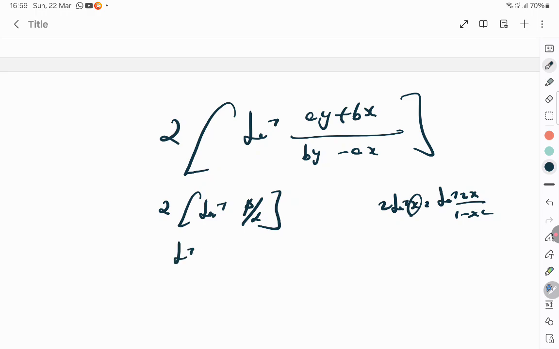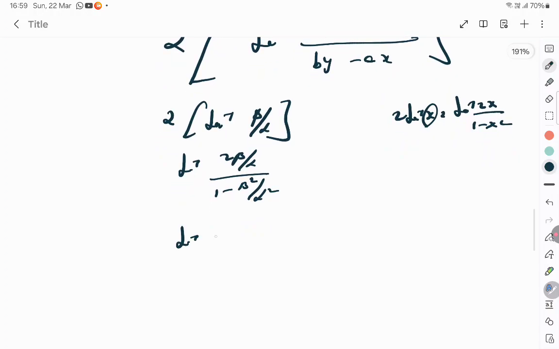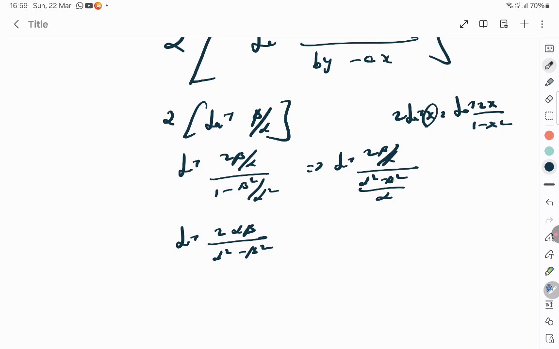So it's tan inverse of 2 beta by alpha by 1 minus beta square by alpha square. So again taking an LCM, it's 2 alpha beta by alpha square minus beta square. Just try to take calculated tan inverse of 2 beta by alpha square minus beta square by alpha, where this alpha square and this alpha get cancelled, and so this goes up.